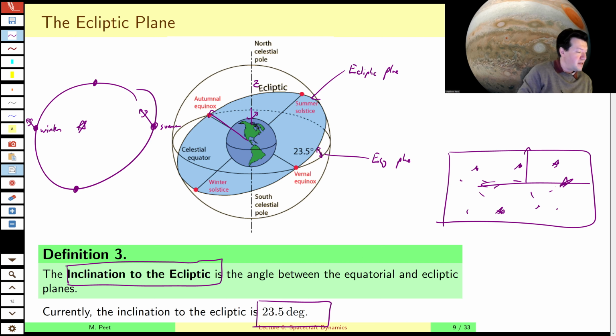Okay. And that's because, of course, the sun apparently spends more time in the sky when we're pointing towards it than when we're pointing away from it. And then, of course, we have the equinoxes, where the sun appears directly along that equator.